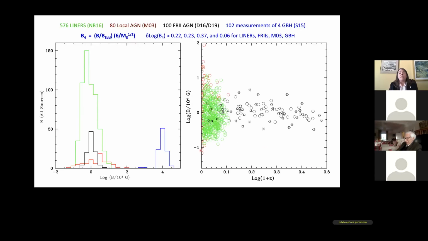And here we have the Nisbet and Best sample shown in green, and the FR2s shown with the black symbols. If you're interested, the stars are quasars, the open symbols are high excitation radio galaxies, and the squares are low excitation radio galaxies. But what we see here on the right is that there's really no strong evolution of the magnetic field strength of the disk with redshift, and we see a pretty symmetric distribution here.